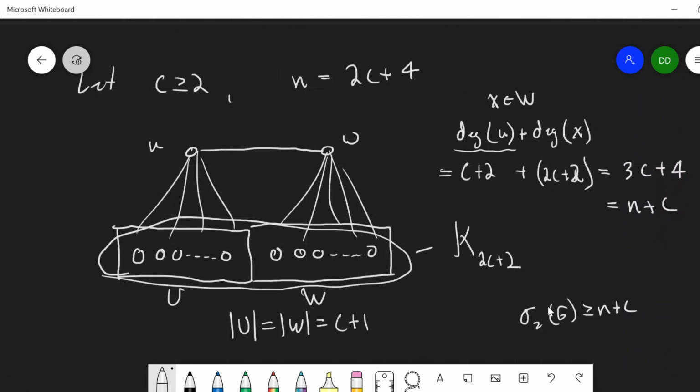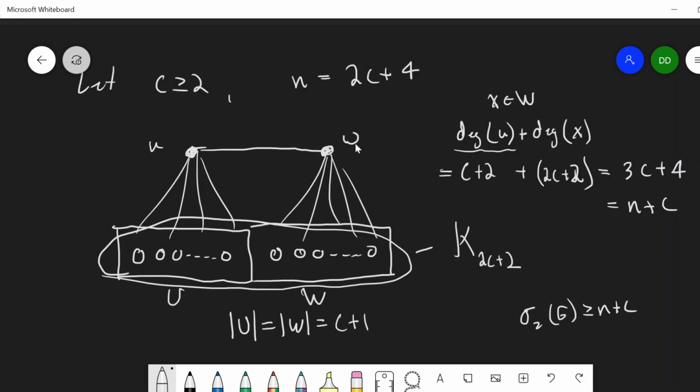And I want to show you that it's not pan-connected. So let's see, which two do I want to pick here? Well, how about u and w? So the distance between u and w is 1, so it should see a path of every possible length.